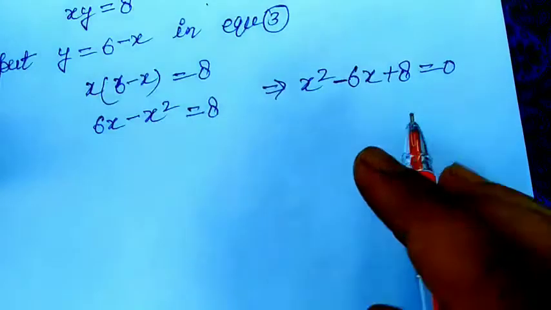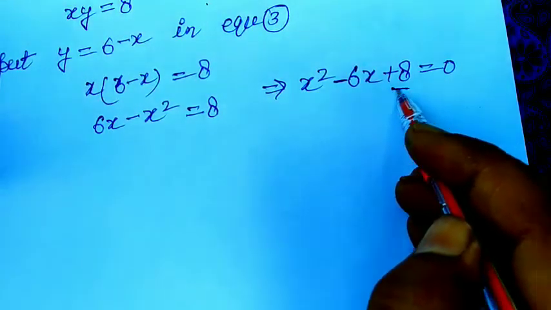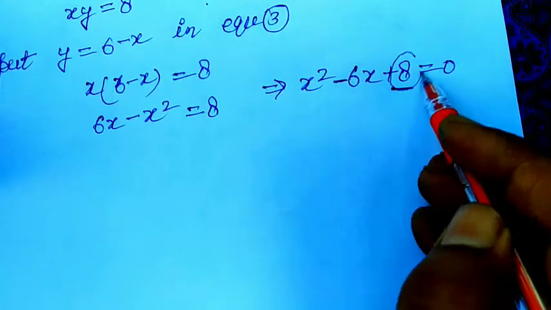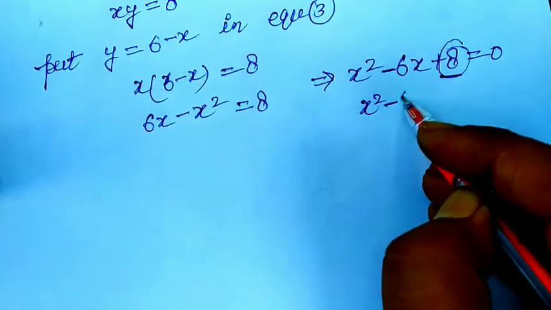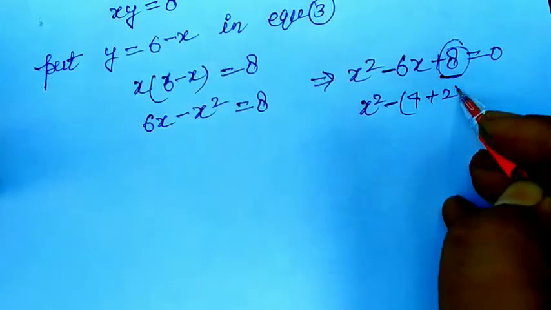Now we can do the factorization. After splitting the middle term we will get 6, 4 and 2, 8.